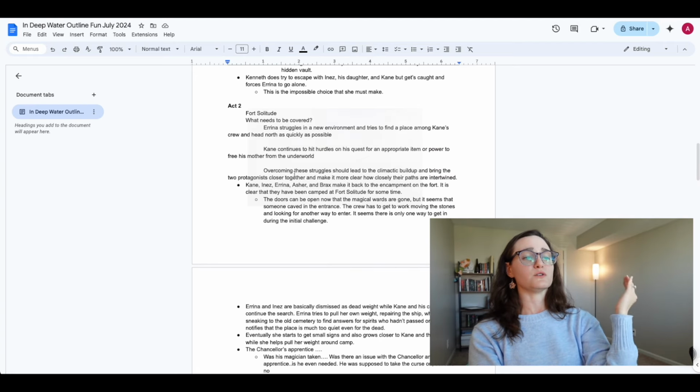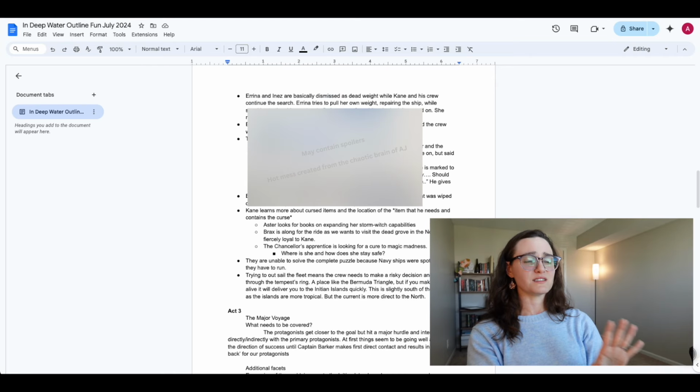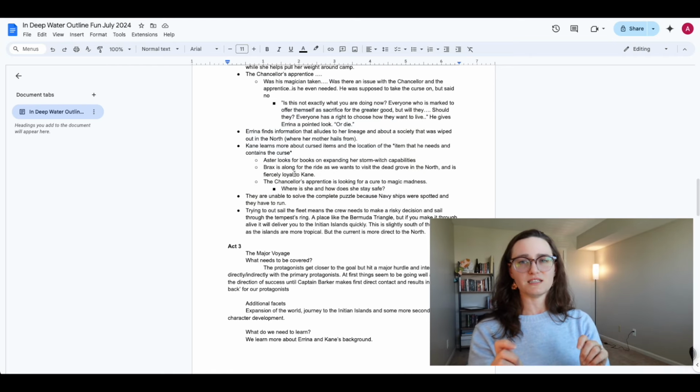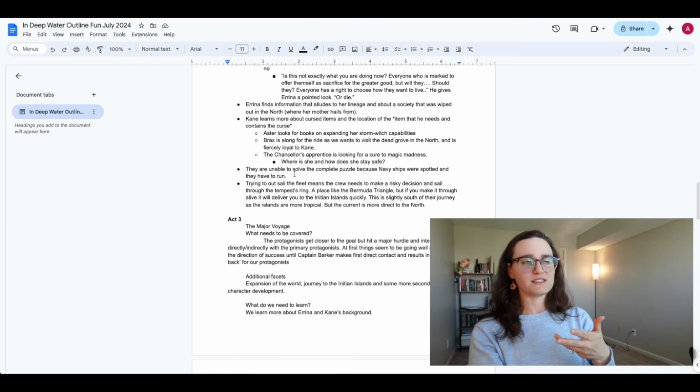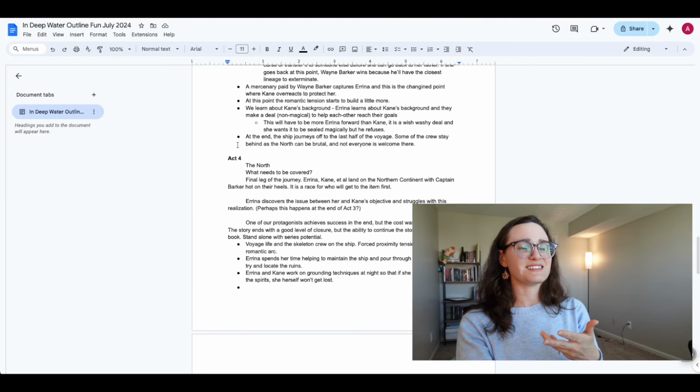Originally, I attempted to do bullet point scenes, but I think this was a little difficult for me, and having the essay format is just a little bit easier because it's more continuous and more in a story sense. And what's very noted is that I've always had an issue with Act 4.